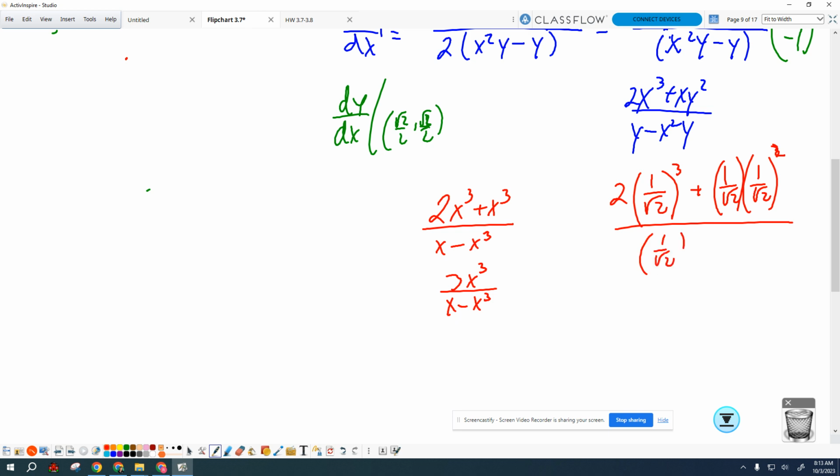Eitan was good with his math and did it without this cheat. It comes out to 3. This ends up being 3 halves divided by 1 half.